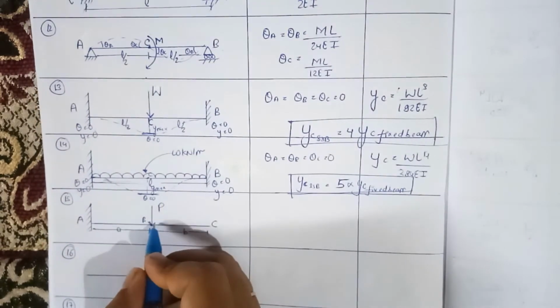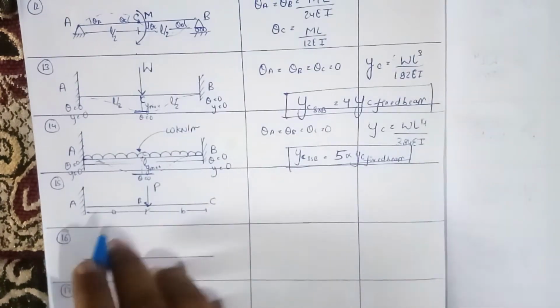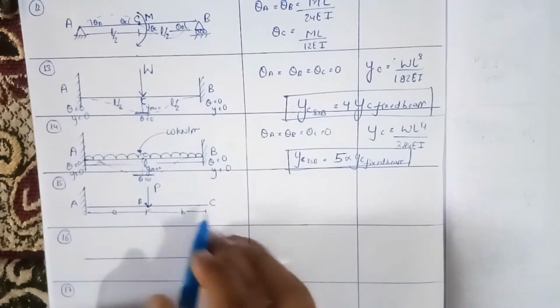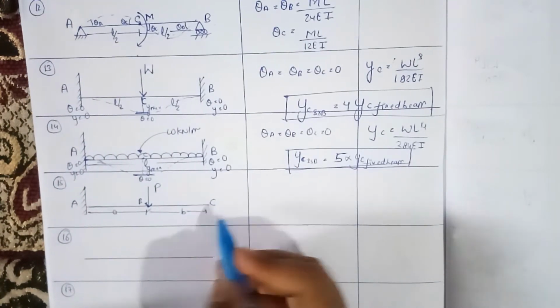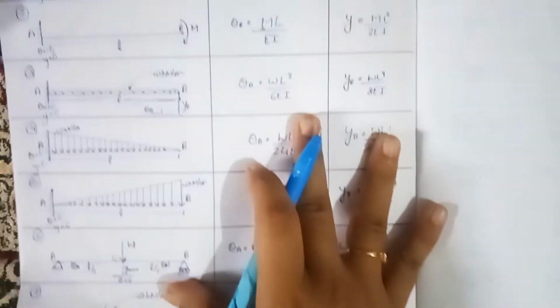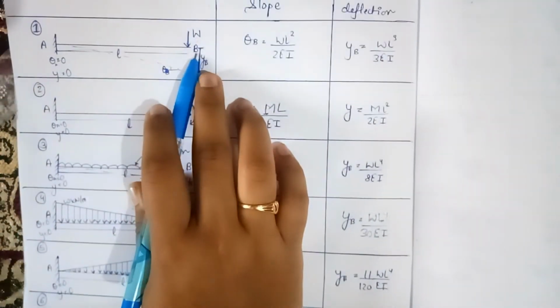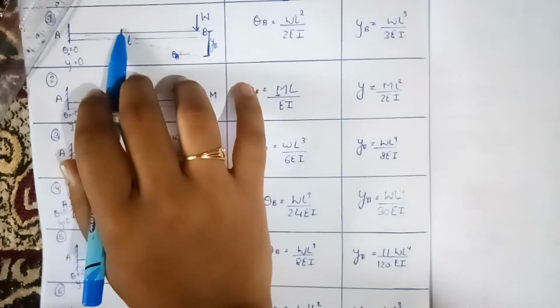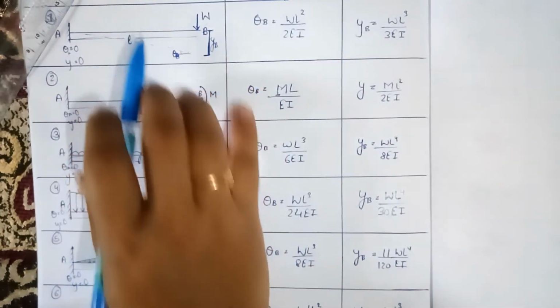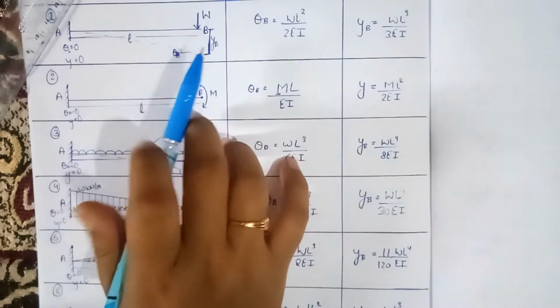If it is asked in the question to find the value of slope and deflection at this point, you have the formula for the load at the free end. But if the loading is applied somewhere on the span of the beam, you have to find the slope and deflection at the point B.